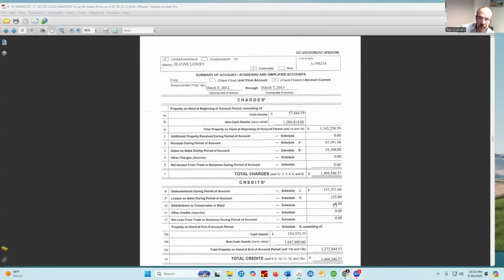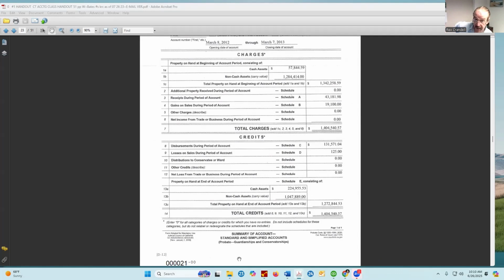The top part of the form has no place to show the type of account. I generally deal with trusts more than guardianship or conservatorship, so if I'm doing a trust accounting, I need to write that on the top of the form. It's appropriate for it. It doesn't say it as such, but it says for probate, guardianships, and conservatorships.